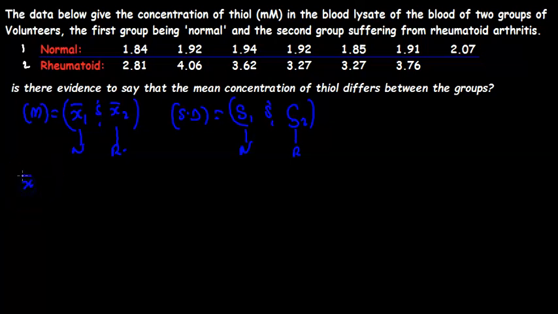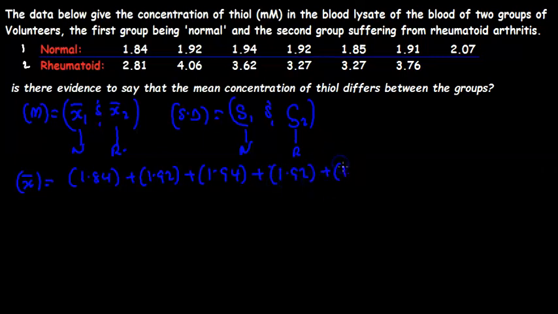Starting with the first one, which is for the normal. For us to calculate the mean, we are going to sum everything and divide by the total number. So 1.84 plus 1.92 plus 1.94 plus 1.92 plus 1.85 plus 1.91 plus 2.07.